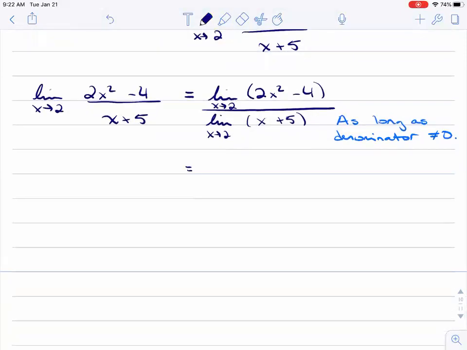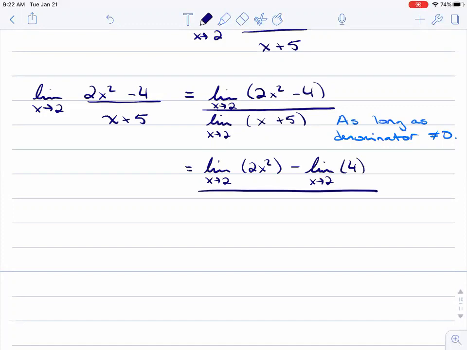So then, if I focus on the numerator for a little bit, if I've got a function minus another function, regardless of it being a constant, I can put the limit on both of these. So I've got the limit as x approaches 2 of 2x squared minus the limit as x approaches 2 of 4.